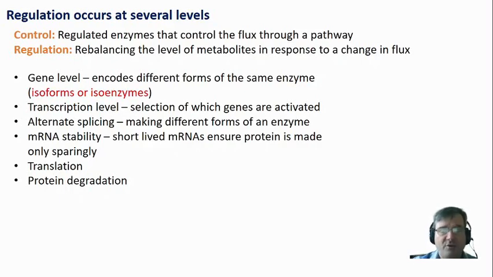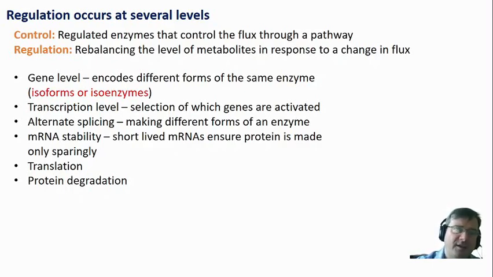So if there is a change in the flux, then the cell will try to rebalance those levels of metabolites, and that occurs by regulation by various methods to reach homeostatic levels of metabolites as before.